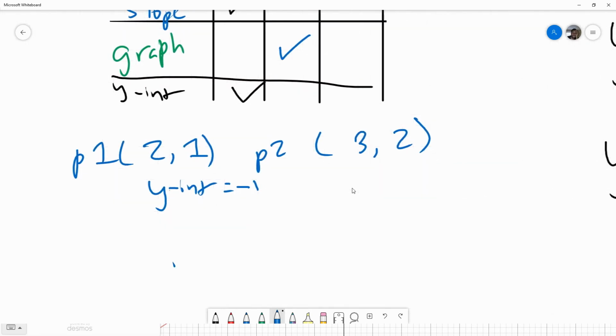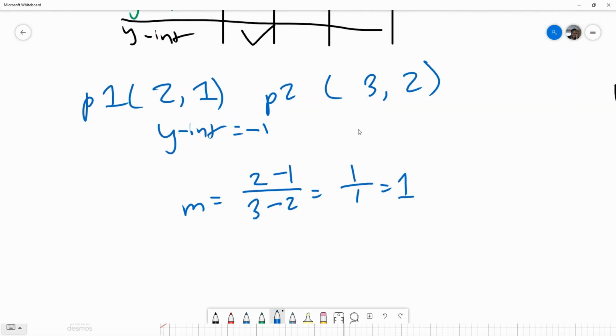My first step is to find my slope, which is just subtract my y's and then subtract my x's. And then put that into my equation. So my equation would just be y equals 1x minus 1.